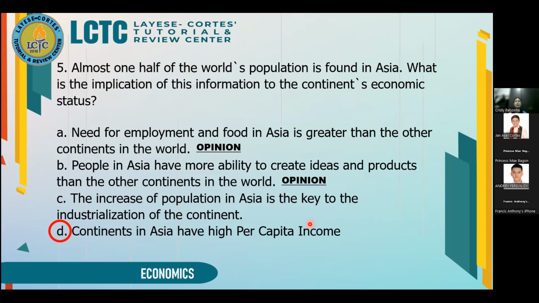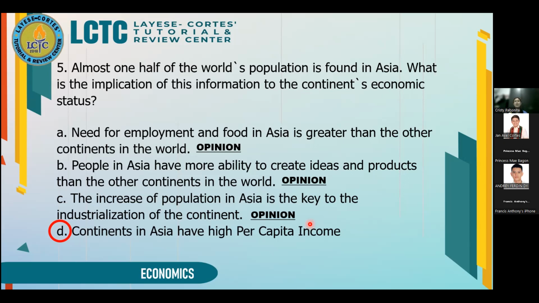None. Right? So letter B, people in Asia have more ability to create ideas. How about the other continents? People in the other continents, what is their ability to create better ideas and products? Right? So it's still an opinion. And letter C is still an opinion. The increase of population in Asia is the key.